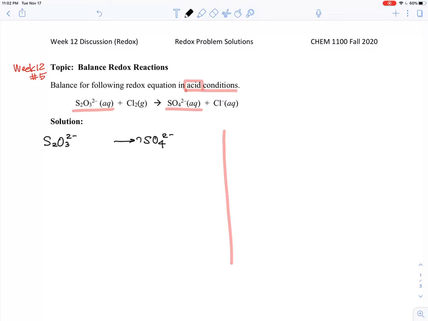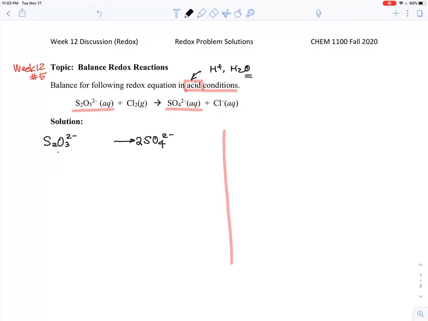You need 2 sulfurs here. That's the first thing you find out. And then acidic means you have H plus and H2O. Because oxygen only appears here, I want to first balance the oxygen using water.